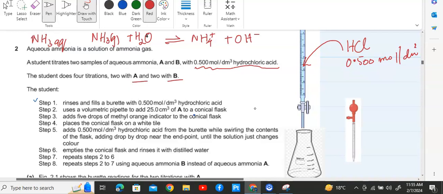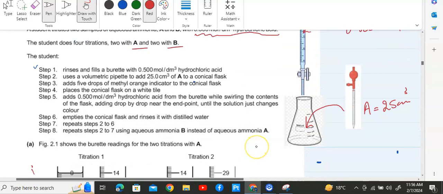Then you use a pipette. This is a pipette. Through the pipette, you transfer a fixed volume of A, which is 25 centimeter cube. And then before starting the titration, you place your conical flask on a white tile, because you want to get a clear color change, or to know your reaction is finished.